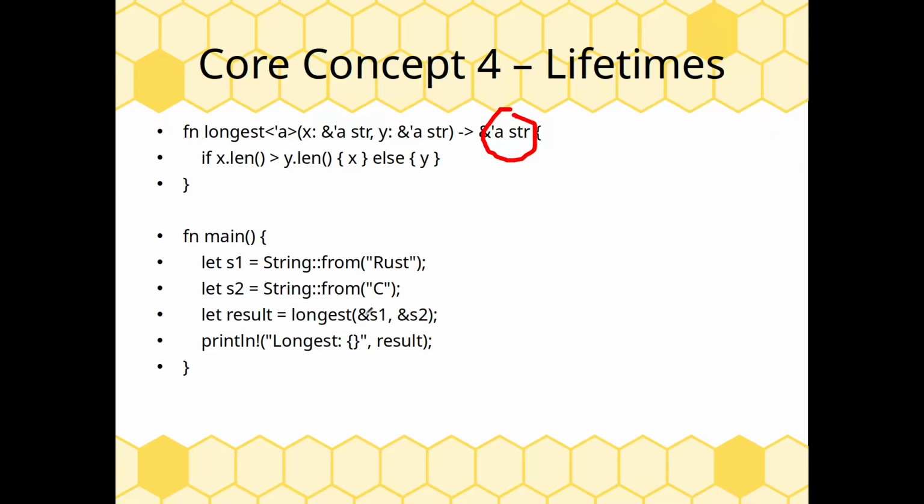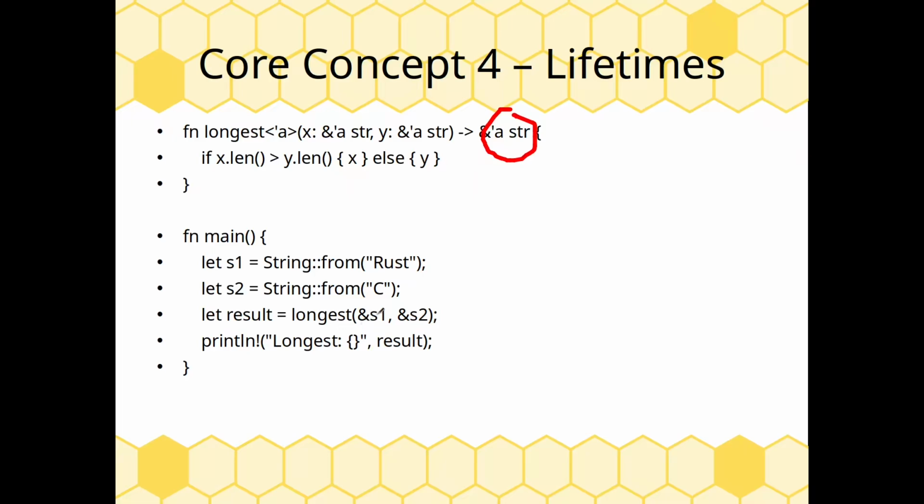So here you can see the longest is given the immutable references s1 and s2, and both have a lifetime of dash a. So here we have s1's lifetime and s2's. If you are calling this function outside of where s1 and s2 are defined, then you might face the problem of lifetime, that the output has become invalid.